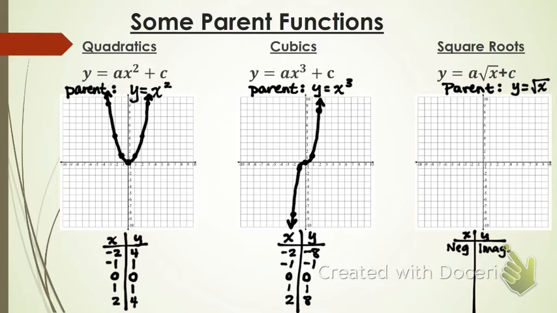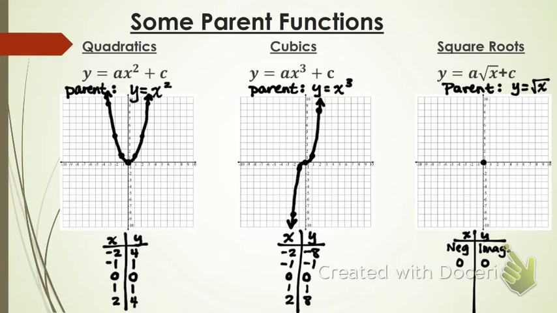So what's the smallest number that I can actually take the square root of if I can't do negatives? 0 is the smallest, right? What is the square root of 0? 0. What point do you notice all three of these parents have in common? 0, 0. They always go through or at least touch the origin.